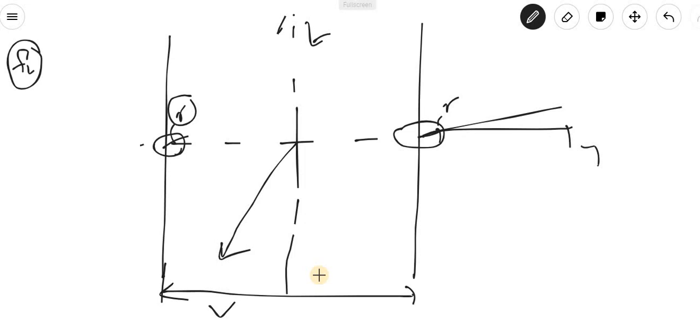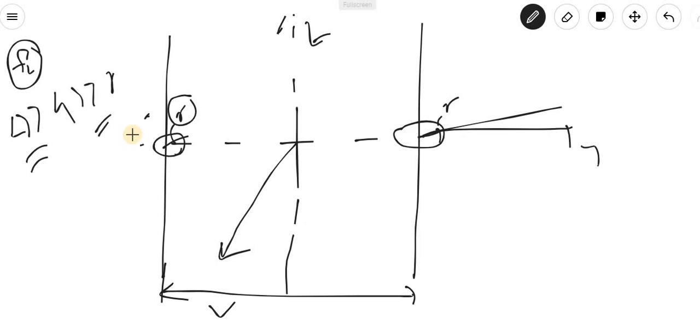The length of the line is very large as compared with the distance of separation. Suppose the length of the conductor is L, and this is very large compared with the radius of the conductor.